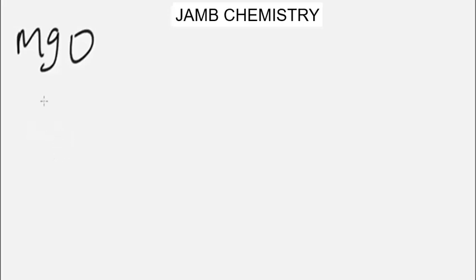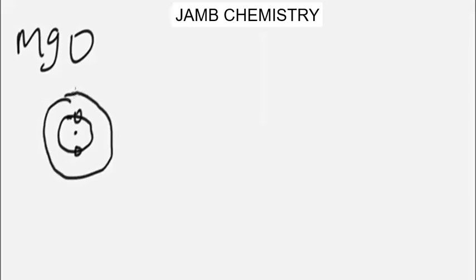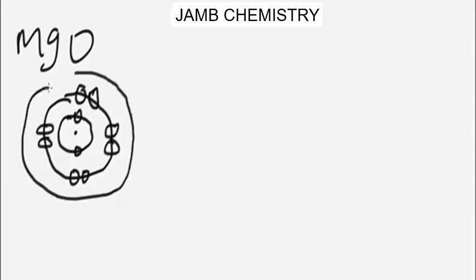So for when they are not yet charged, this will be the atomic structure of the magnesium atom. Magnesium has atomic number 12. So this will be the third shell.